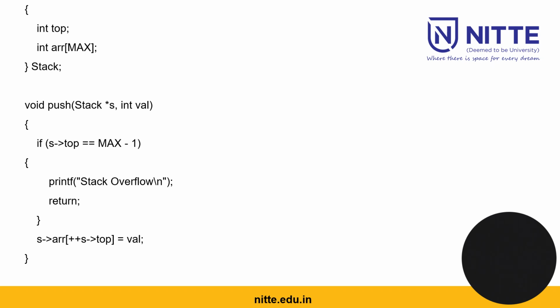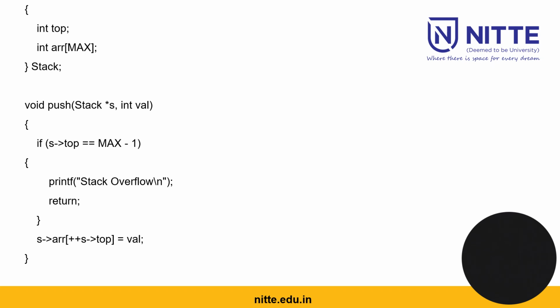Because the index always starts with 0, and since the maximum size is 100, it will be up to 99. So if this top points to 99, that means the stack is full. So it will print stack overflow, and then it will return.